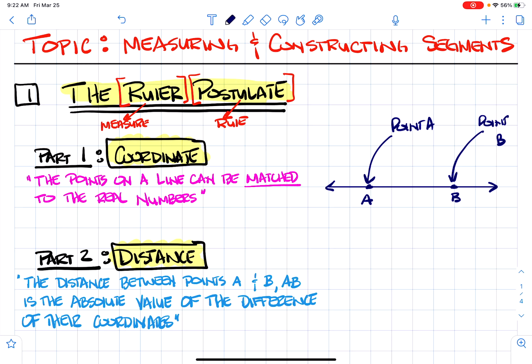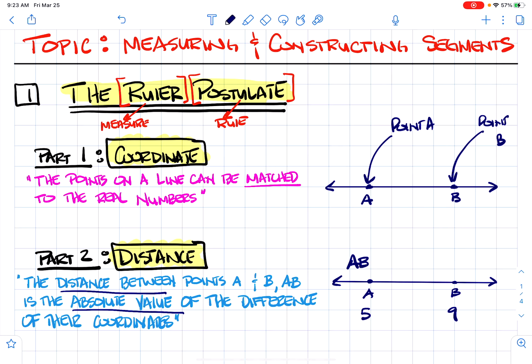And then the second part is the distance part. Again, if I draw a line and give myself points A and B, and I assign numbers of the real number line to those points, like for example, A is at 5 and B is at 9, then the distance between points A and B is just the absolute value of the difference of their coordinates.